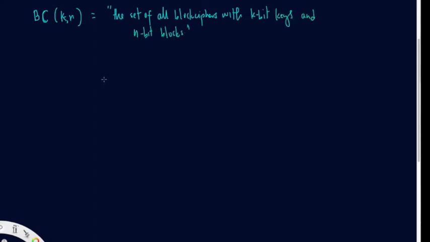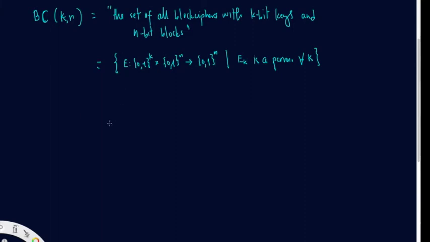We're going to define this to be effectively the set of all block ciphers with k-bit keys and n-bit blocks. And if we were to write this mathematically, it's really just this: the set of all mappings that take k-bit keys and n-bit strings and output n-bit strings, subject to the condition that each of these E sub k is a permutation. So this is the set of all block ciphers with k-bit keys and n-bit strings.